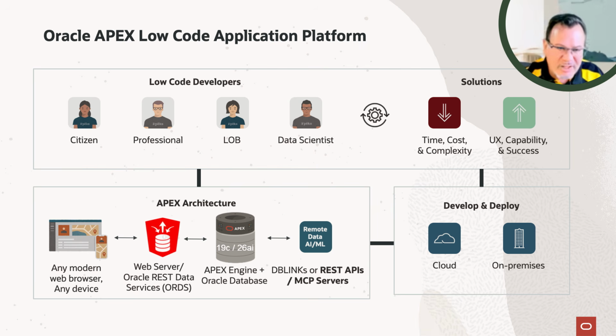That URL targets that ORDS instance, and then it conveys the communication to this Oracle database, whether it's 19c or 26ai. And that's where Apex then does all the magic. From there, understand, of course, you can leverage other web servers such as Oracle WebLogic or Apache Tomcat and deploy ORDS within a container therein, and then benefit from all the features of those web servers. But at the very minimum, it's these three layers.